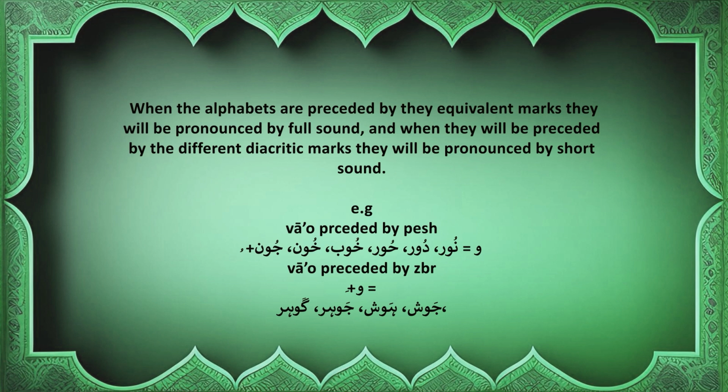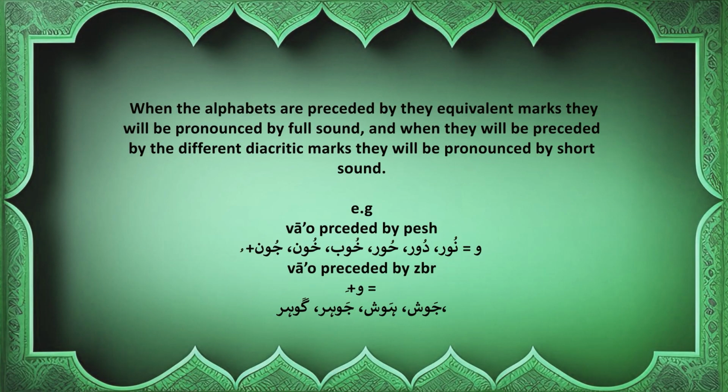Zabar is not the equivalent mark to VAO, but it is the equivalent mark to Alif. You have to remember this. What is the equivalent mark to VAO? The equivalent mark to VAO is pesh. Then what is Zabar? Zabar is not the equivalent mark to VAO; it is equivalent to Alif.